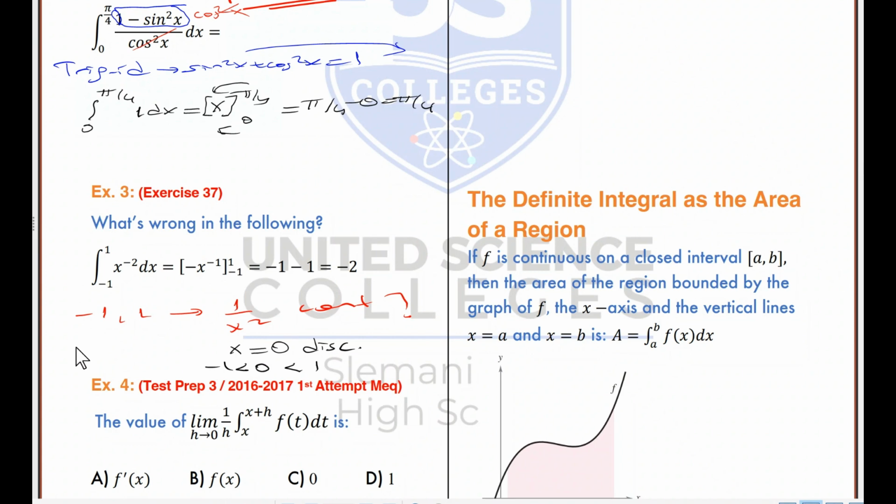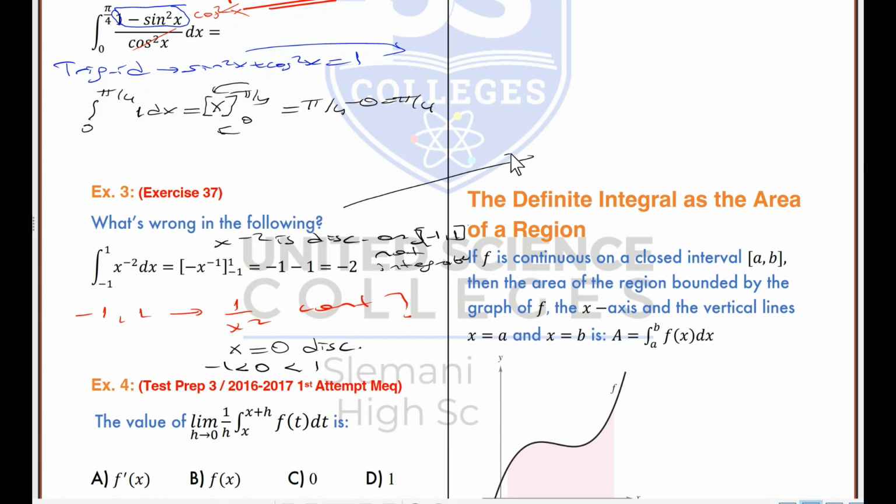Since x to the minus 2 is discontinuous on negative 1 to 1, then it is not integrable. Okay, so we cannot integrate this function.